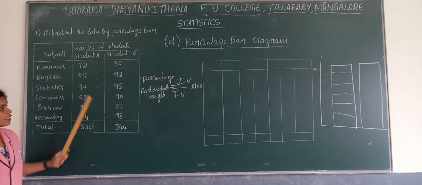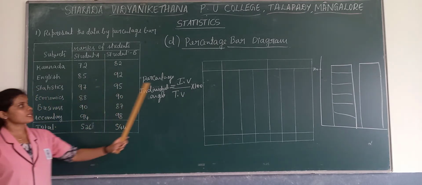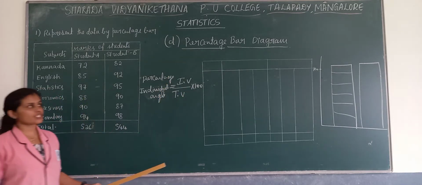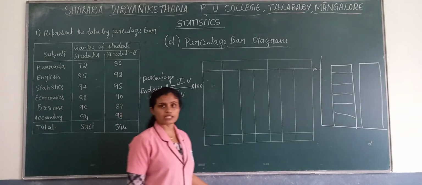Again 85 divided by 526 into 100. In that way we have to find out the percentage angle.